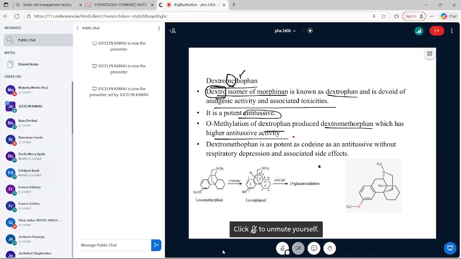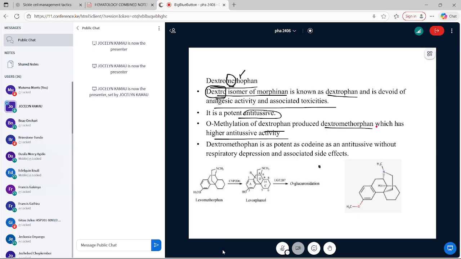Remember, we said addition of a methoxy group at position number 3 removes or reduces analgesic activity and introduces antitussive activity. So although dextrorphan has antitussive activity, addition of a methoxy group at position 3, just like codeine, further increases the antitussive activity.